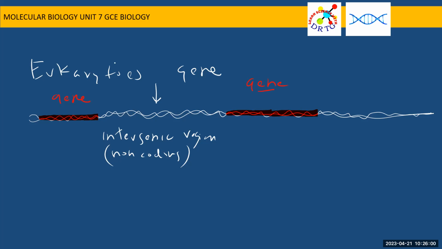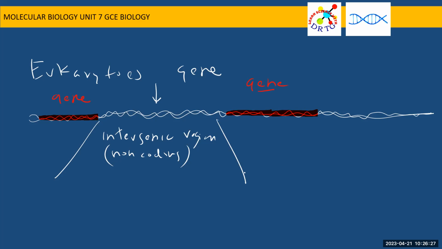Now, the intergenic region, you will learn in the future, is divided again into many regions. People try to identify the function of these intergenic regions, and based on that they give names like silencers, enhancers, this kind of names.